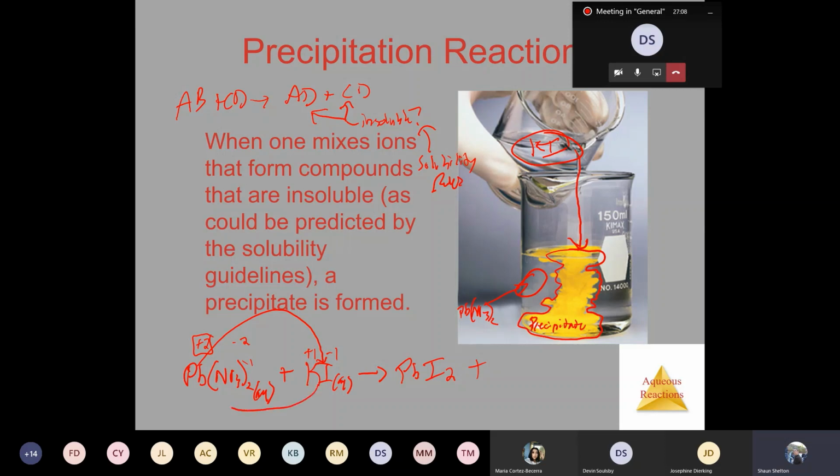Potassium goes to NO3. Never carry the subscripts unless it's a polyatomic ion. So I'm going to bring over potassium, which is +1. I'm also going to bring over NO3, which is -1. The +1 and -1 cancel out, and so we're left with just KNO3.